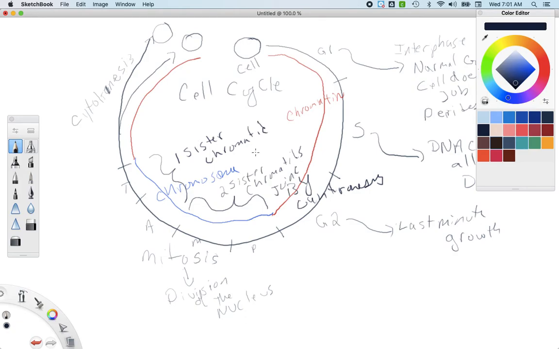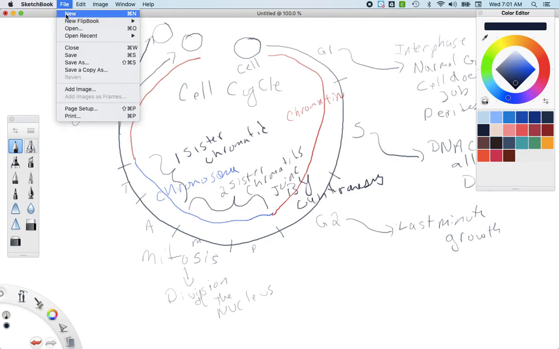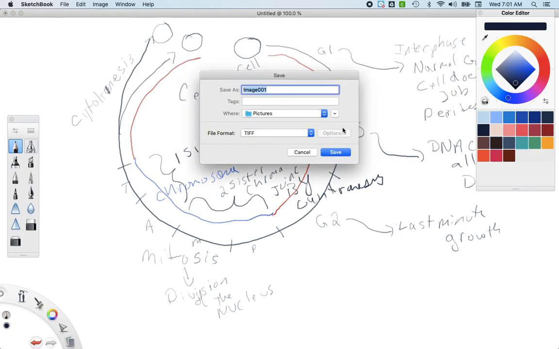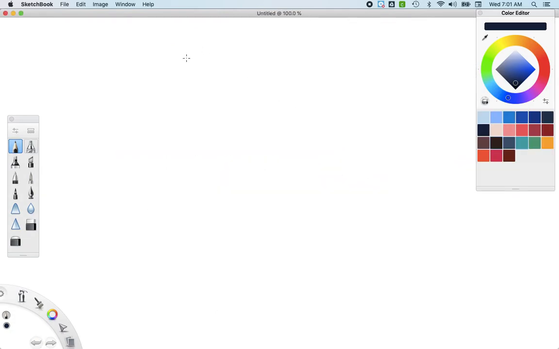Okay, I'm going to change the page here and talk a little more about chromosomes and what happens in prophase and metaphase. Let's see if I can do that. Today probably can't. Oh, I'll save this. So we'll call this image 001, and start with a fresh slate.